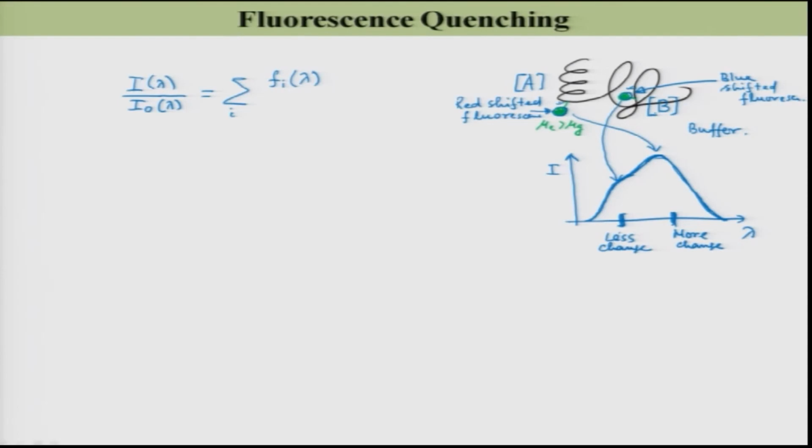If the emission spectra were exactly the same for location A and location B, then I would not have such wavelength dependency, and this Fi would also be wavelength independent. But in this case, as there is a change, this Fi is a function that depends on the wavelength. Then this is divided by 1 plus Kd i into Q.